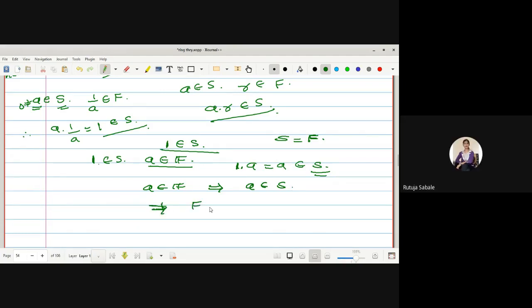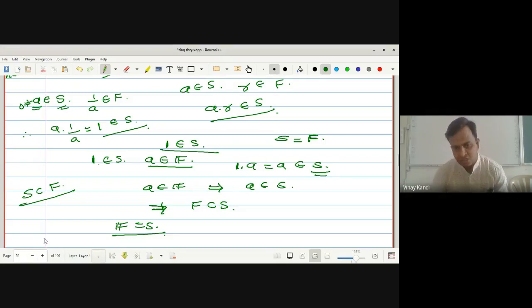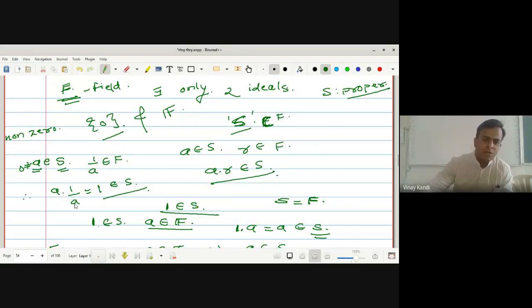F is a subset of S. ओके, एखादा F मधला एलिमेंट घेतला आणि तो जातोय S मध्ये, सो F इज द सबसेट ऑफ S. बट वी नो दॅट S इज प्रॉपरली contained in F. So from these two conditions, F must be equal to S. म्हणजे कोणताही फील्ड असू दे, त्याला जास्तीत जास्त दोनच आयडियल एक्झिस्ट होतात, तर तो नल आयडियल असला पाहिजे और इटसेल्फ. ओके.